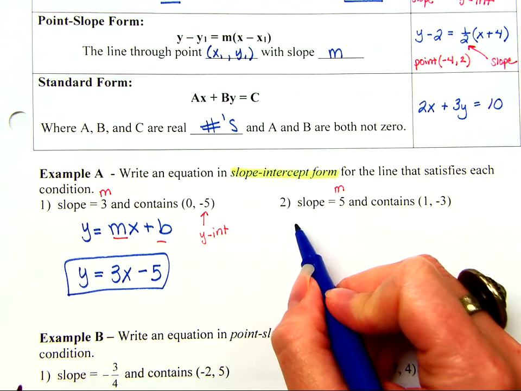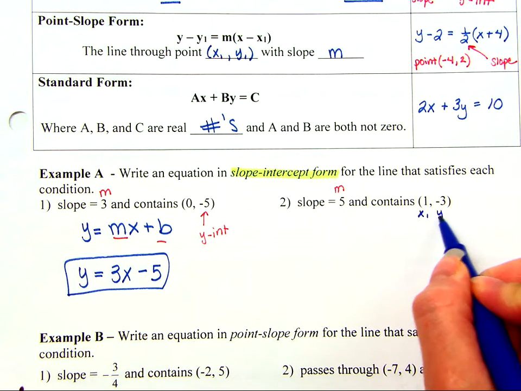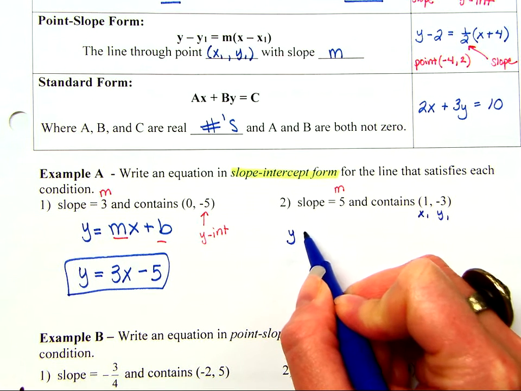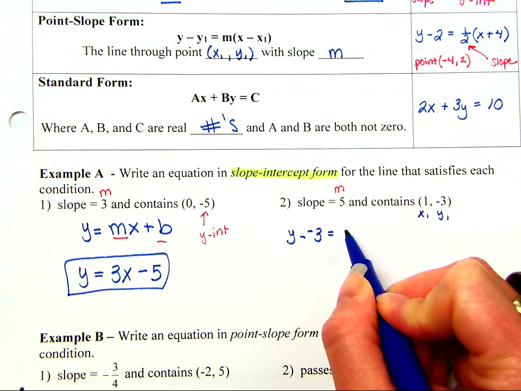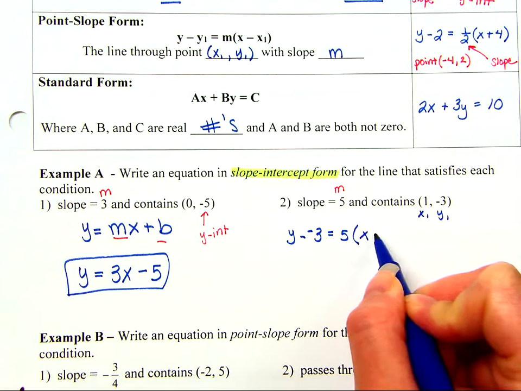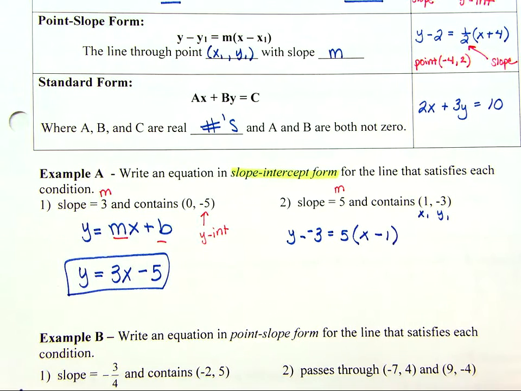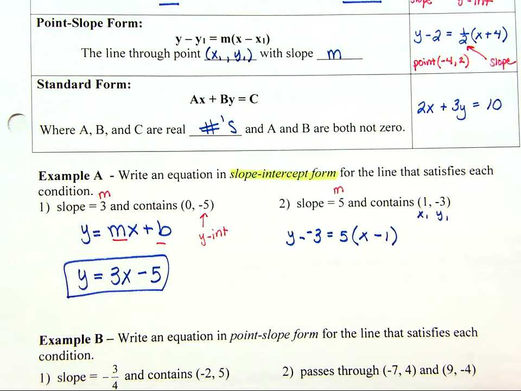Point-slope form, well, if I take my point, it would look as so: y minus negative 3 equal to 5 times the quantity x minus 1. If I wanted it in slope-intercept form, I really want y by itself. So I'm going to do some simplifying.